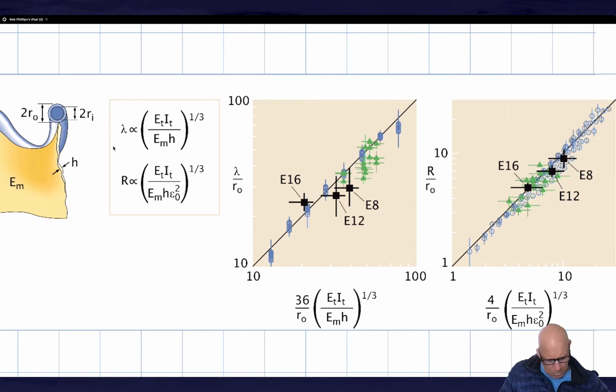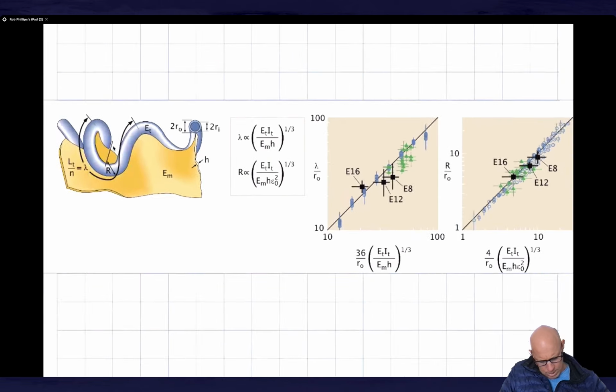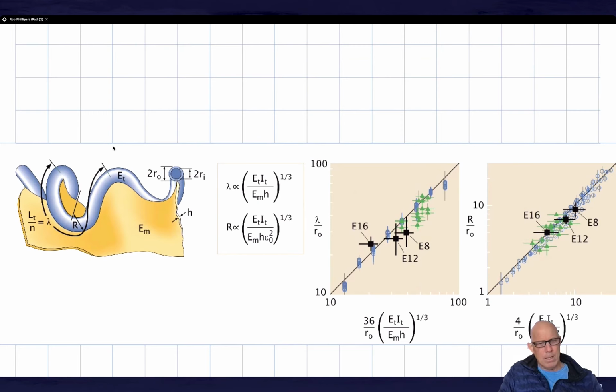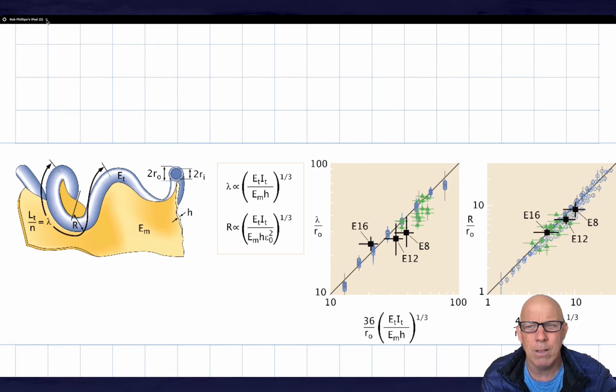But I want you to just note that this line is the scaling argument, and this parameter is the thing that we just estimated, and they know all of the various features that are inside of that from the measurements that they make, and so they can basically lay the data points down on this graph. So I may come back and do some refinements on this story, but that's the essence of what I wanted to get across about this beautiful paper.